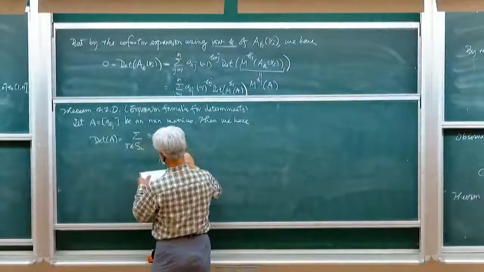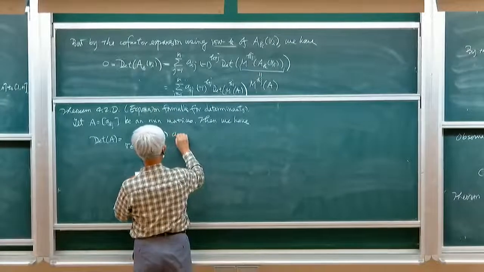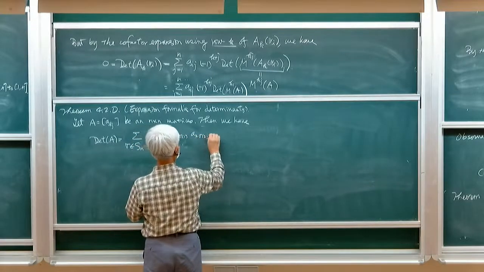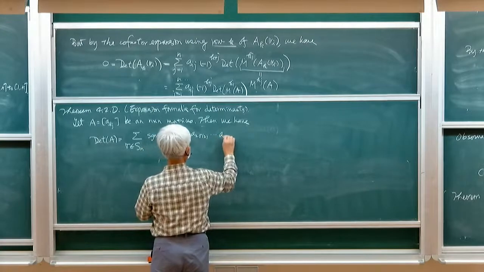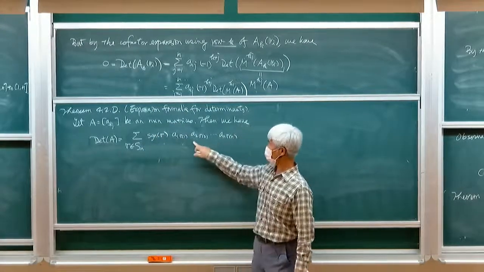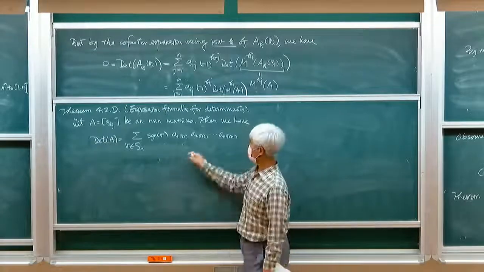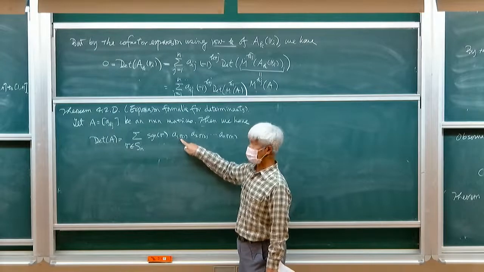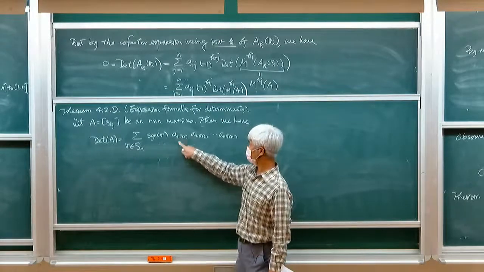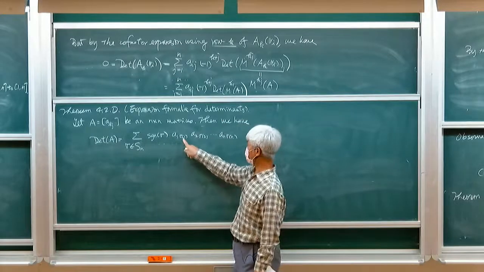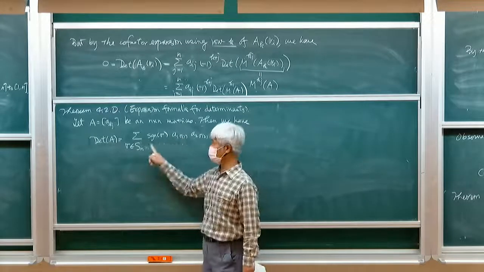But the expression is easy: A_{1,sigma(1)}, A_{2,sigma(2)}, up to A_{n,sigma(n)}. Here we have a product of entries. From the first row, you select an entry according to the permutation, sigma(1).